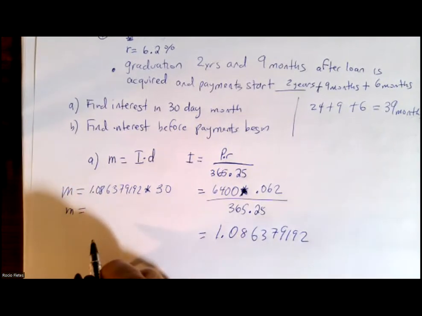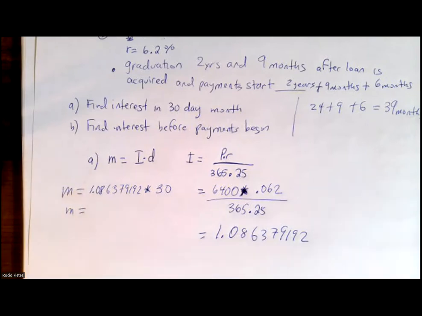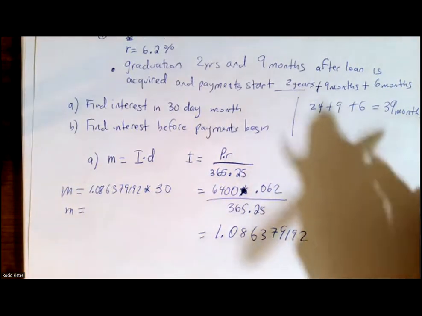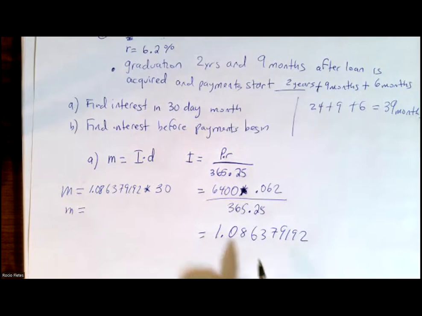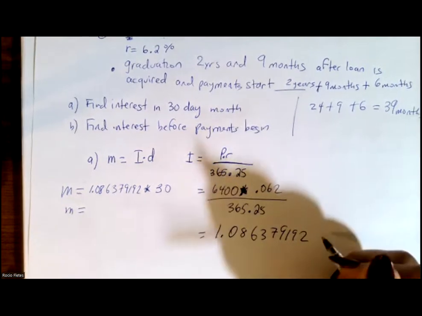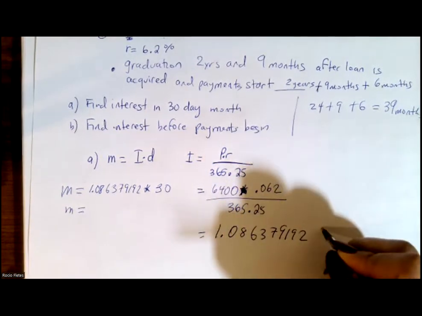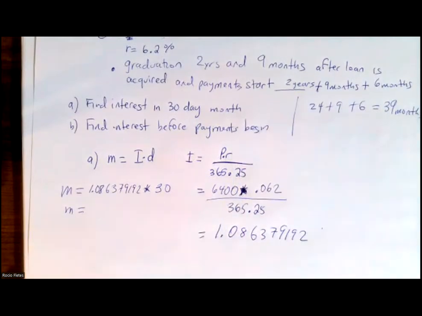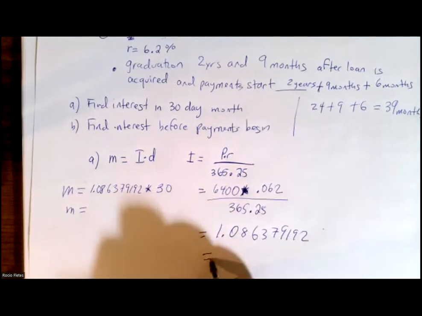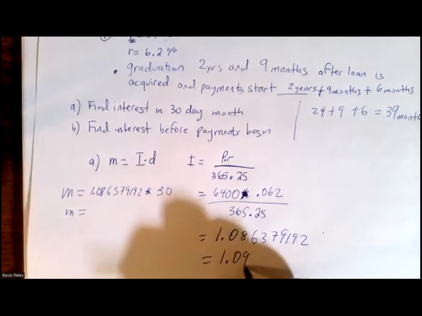You know what I recommend you do? Let's round intermediate answers to the nearest cent, because since we're dealing with money, we can do that. So if we round to the nearest cent, it's going to give us 1.09.